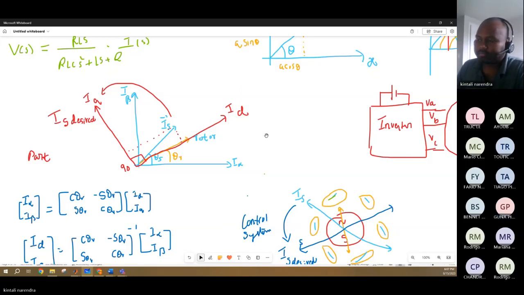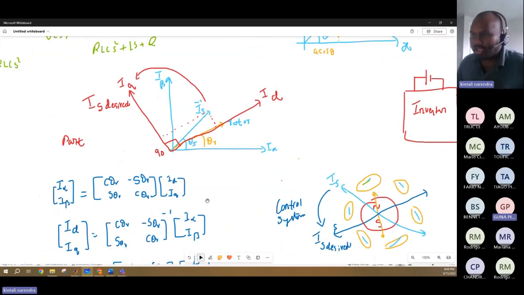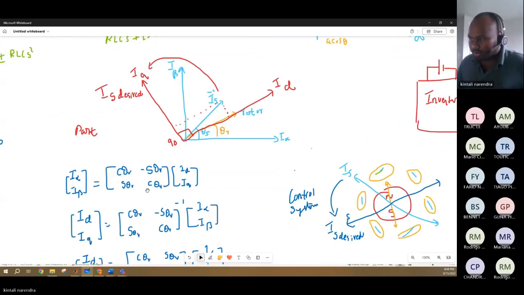The transformation matrix that you have, cos theta r, minus sin theta r, sin theta r, cos theta r, is a rotational transformation matrix. You're rotating by theta r, so IS will not go to IQ.